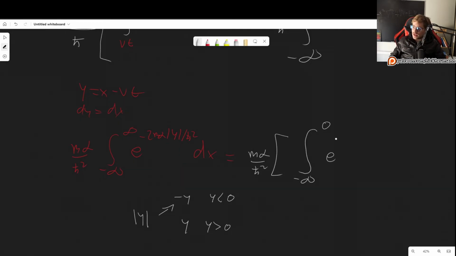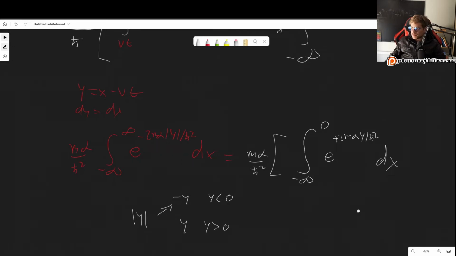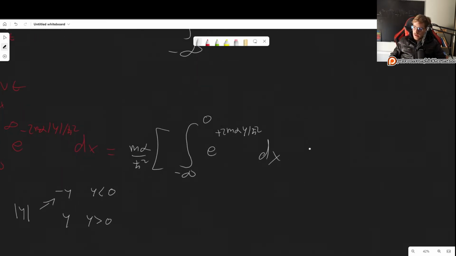So we get e to the minus 2mα times minus y, so we get a plus, y over ħ squared dy. And then we have the integral from 0 to infinity of e to the 2mα y over ħ squared dy.